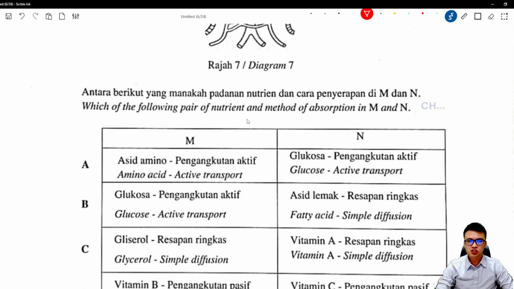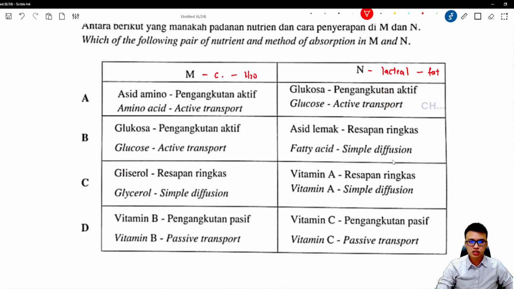Which of the following pairs of nutrients and methods of absorptions in M and N? M is the capillary, as we mentioned just now. N will be the lacteal. So lacteal only absorbs those fatty acid, the fat soluble nutrients. M will be the one which absorbs water soluble nutrients. So let's look at which one is the water soluble, which one is the fat soluble.